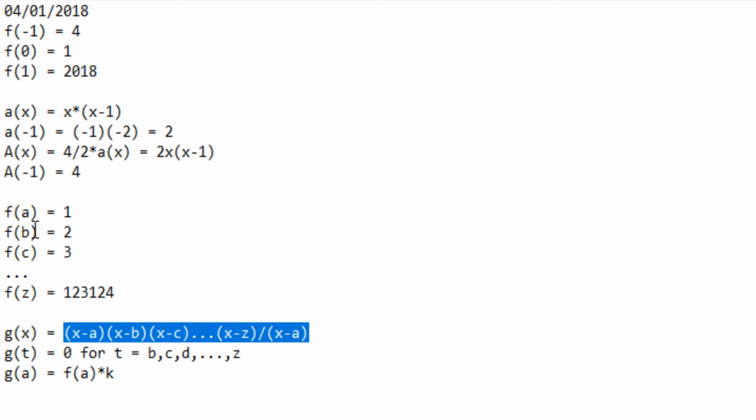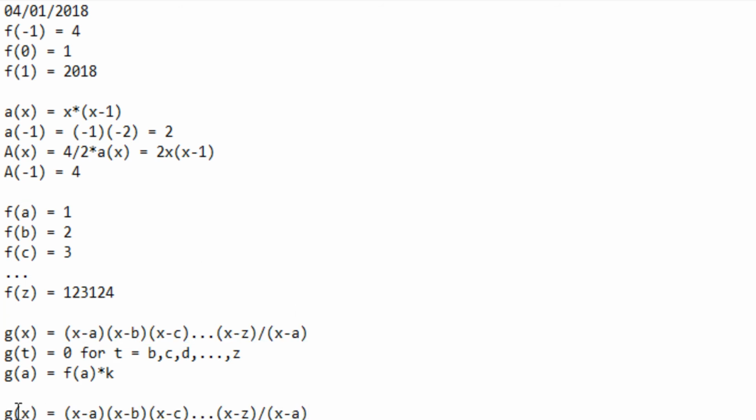So you would first go with the a here, and this would be like your first one, and your second one might be like h of x, and then you would have x minus b. Here you would have the same line, h of t equals 0 for t equals a, c, d, all the way up to z, and then h of b just isn't equal to 0, and then you can just multiply that specific function by a certain value to get the value you want, which here would be 2.